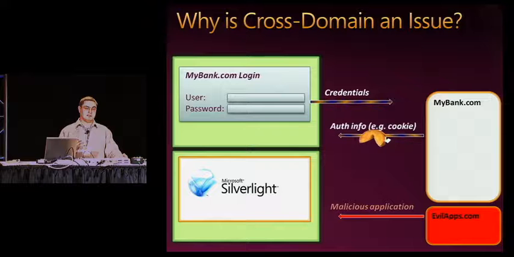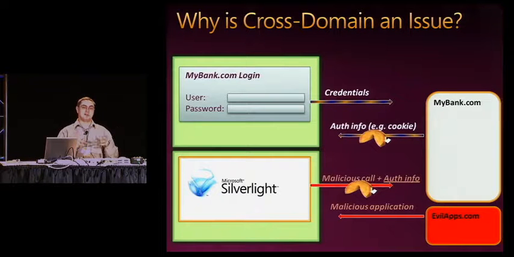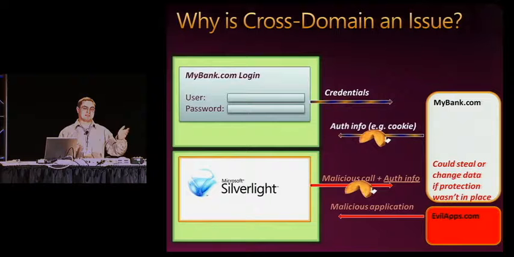In the background, it tries to make calls to mybank.com. If we didn't have any protection in place, it would just reuse the authenticated connection I have to mybank.com, and then that malicious application could steal my data or change my data.